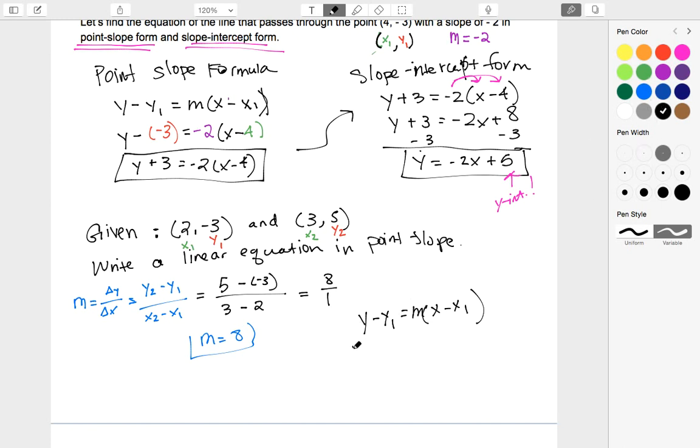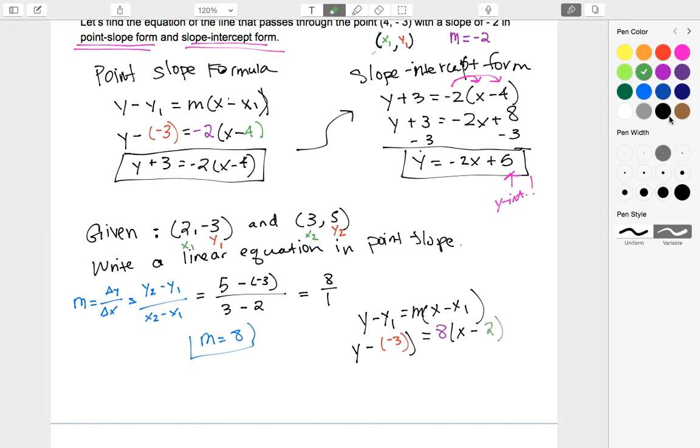So y minus my y1, which is -3, equals m, which we've identified as 8, times x minus my x1, which is 2.